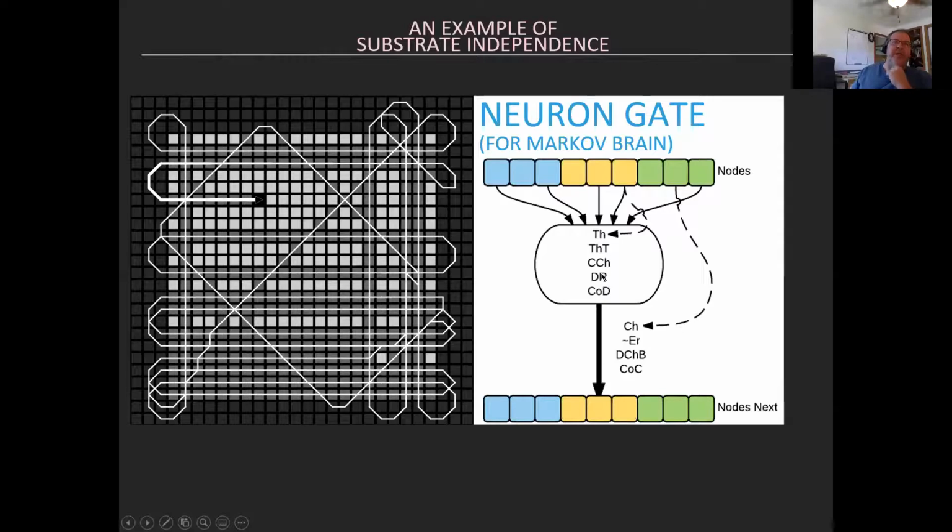Neuron gates are spiking neurons. They have a threshold and a current charge. Inputs accumulate in the current charge. When that exceeds the threshold, this gate can fire and deliver its charge.